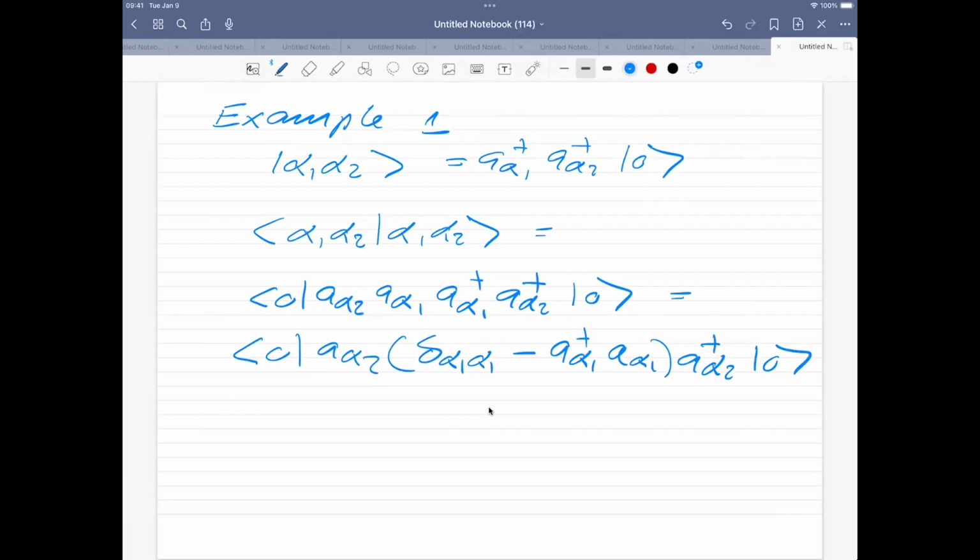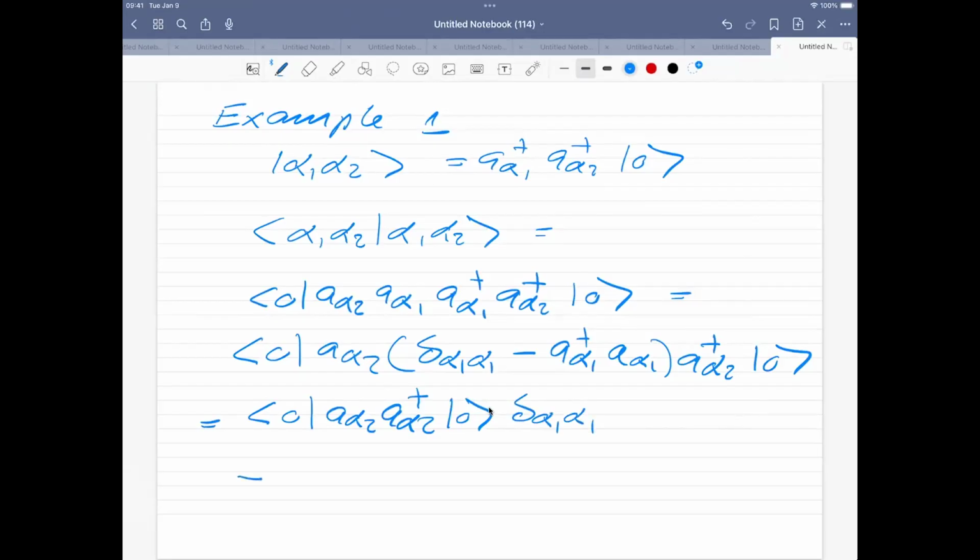So if I now take the second expression, which you see here, if we now just write this out, what we have is 0, and then we have an A alpha 2 dagger acting on 0. And this is multiplied with delta alpha 1, that Kronecker delta.